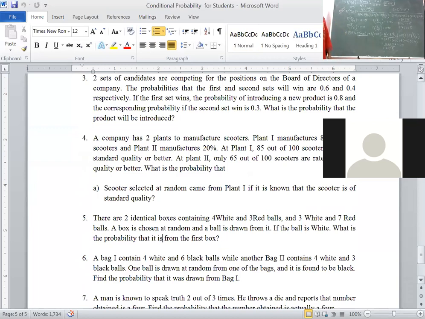Everybody read the fifth problem. Try to identify the events.